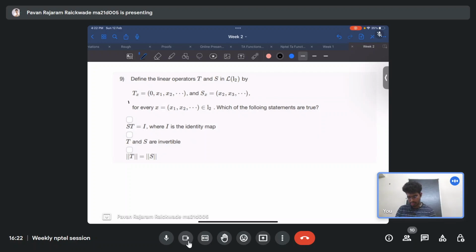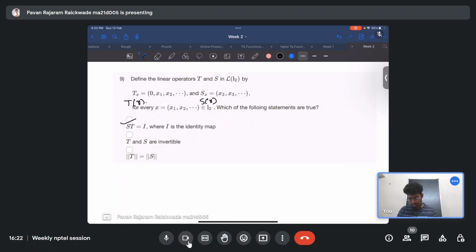This is just T of x, and this is just S of x. One is the right shift operator, and one is the left shift operator. So you can see directly ST will be identity because first T is shifting to the right and then S is shifting to the left. So you will get the element as it is. Okay, so ST will be identity.